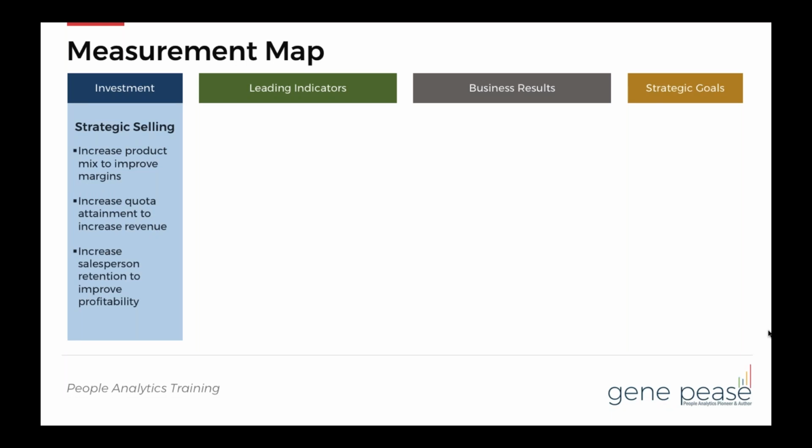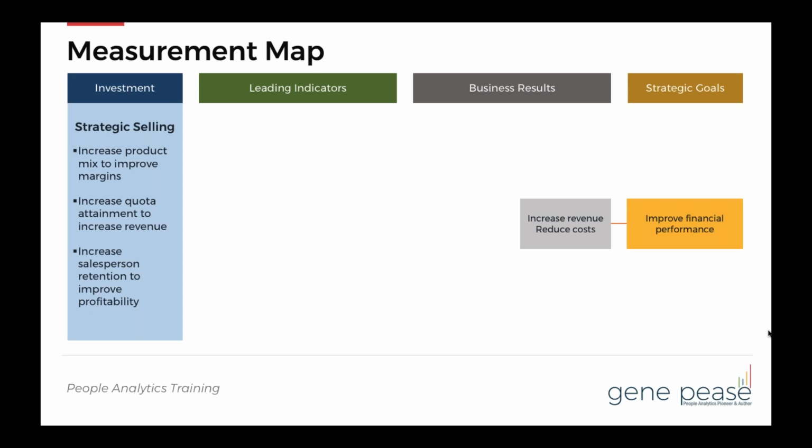I'm also going to teach them ways to increase their quota attainment, to increase our revenue. And I'm hoping through that we can increase our salespeople retention, which will increase our productivity. Now I'm trying to link that investment with my corporate goals of improved financial performance. So that hopefully would be increased revenue and reduced costs.